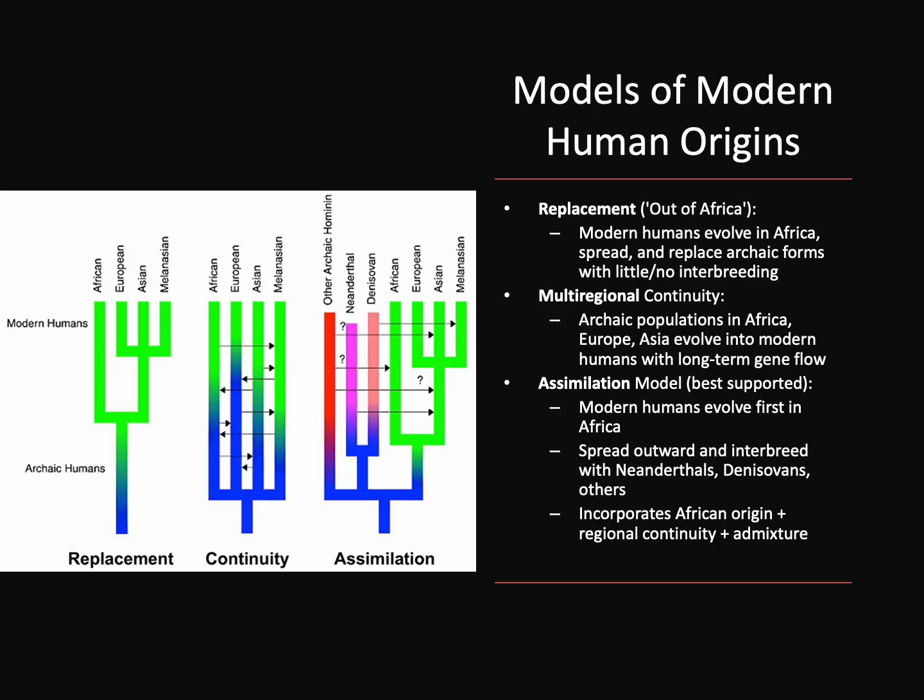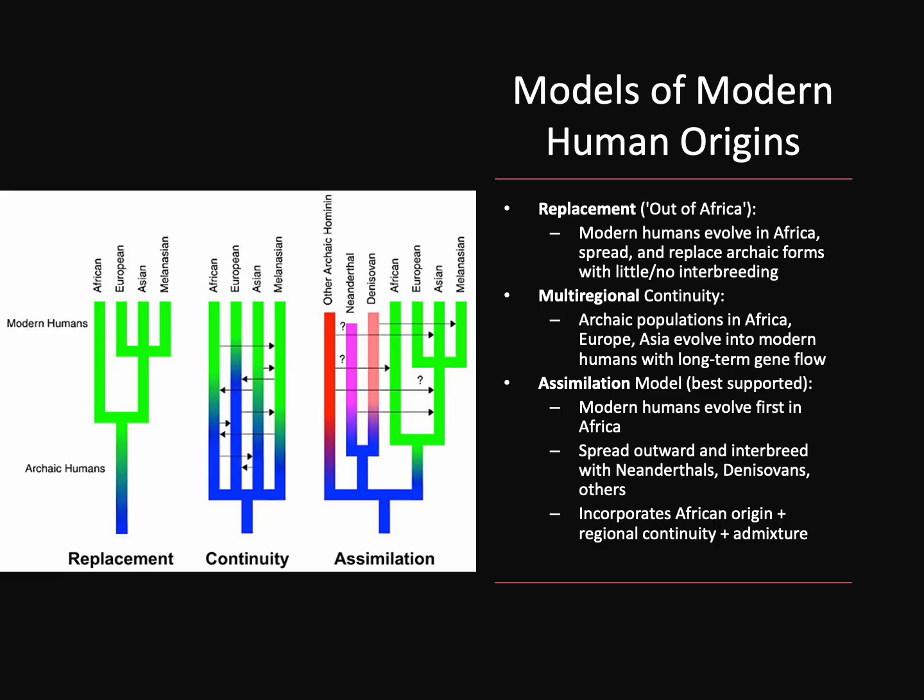Instead of completely replacing them or evolving entirely separately, modern humans interbred with these groups. Within Africa itself, multiple Homo sapiens subpopulations also interacted and exchanged genes over long periods.